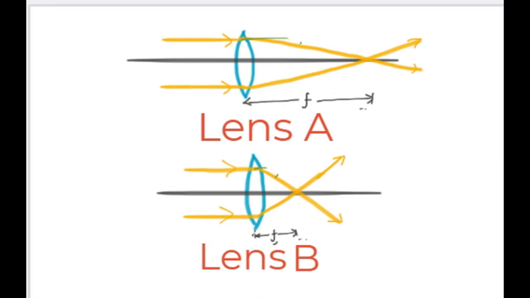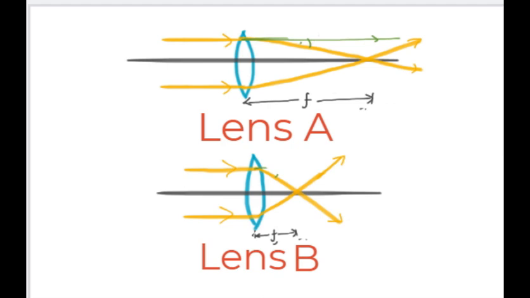Consider this first incident light. Okay, let me denote it by green pen. This light was supposed to travel in this direction, but it got bent by a small angle.